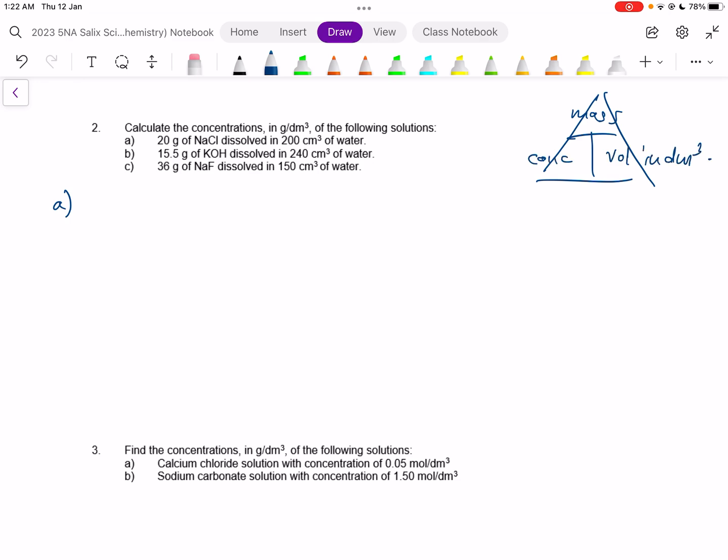For the concentration of NaCl, you take the mass over the volume. So 20 over 200 divided by 1000. Wow, it's a very big number. 100 gram per dm cube.